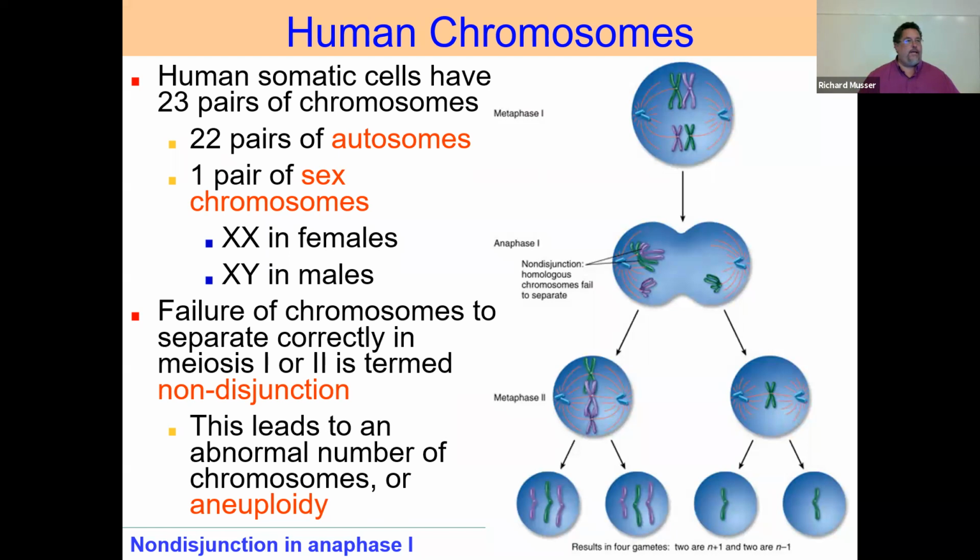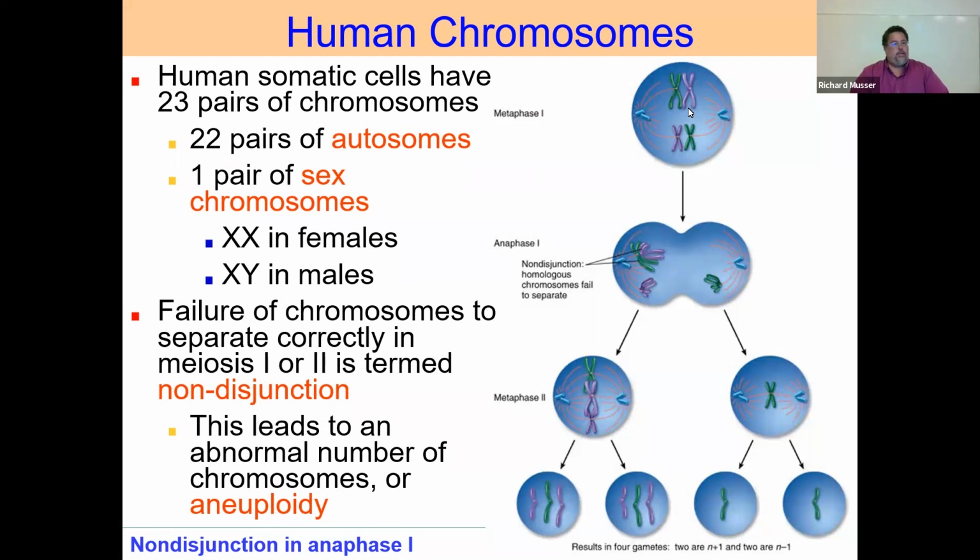And for the case of the egg, you'll have 4 haploid cells again, but only 1 egg with half the number of chromosomes, and the other 3 are just kind of thrown away or utilized as part of the support cells. Well, they don't always separate perfectly during meiosis.